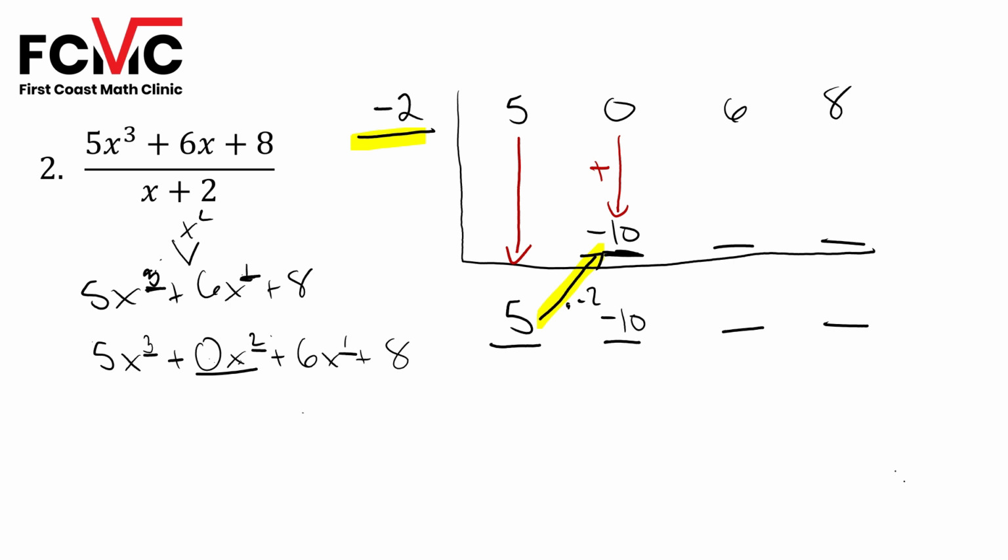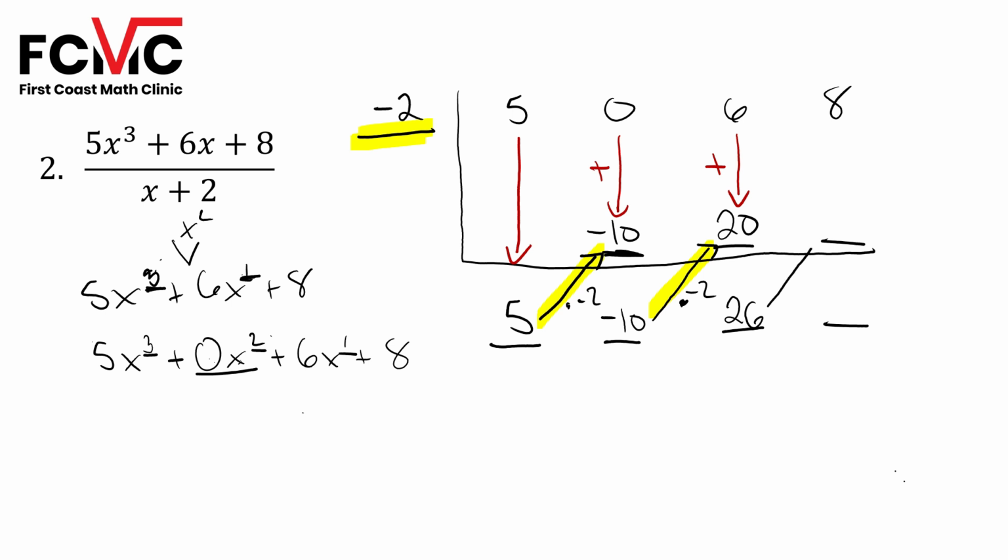And now we're just going to repeat this pattern. We're going to bring this -10 up. We're going to multiply by -2, because we're multiplying by this term on the outside here, that -2. -10 times -2 is 20. We're going to bring the 6 down. We're going to add 6 plus 20 is 26.